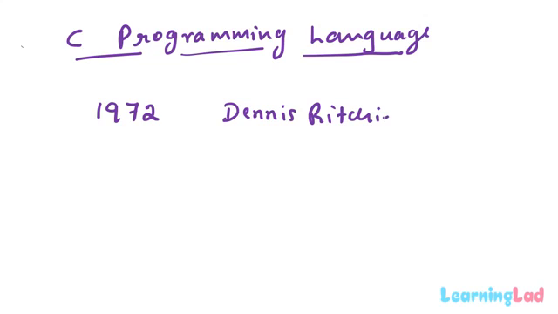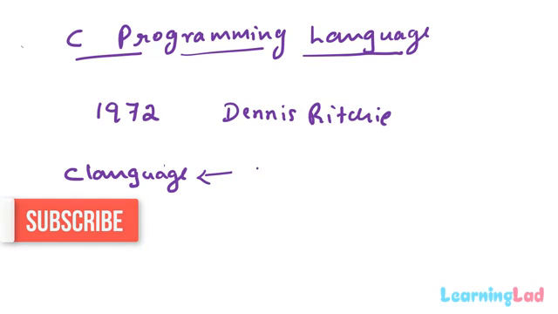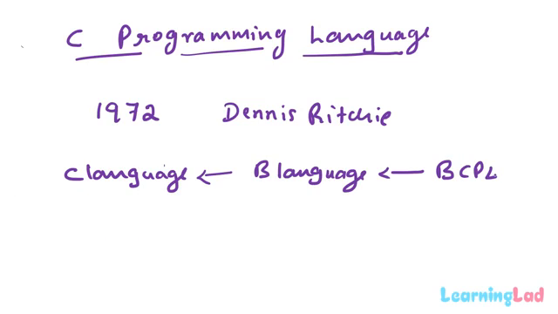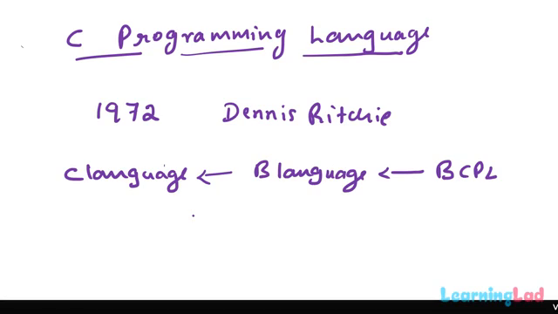Dennis Ritchie called his new language C because it was the successor of another existing language at that time called B. And this B language was highly influenced by another older language called BCPL. Originally C was created to write operating systems and compilers, and later, because of its simplicity and its features, C became one of the popular programming languages, and even to this day, C is one of the most popular programming languages used.